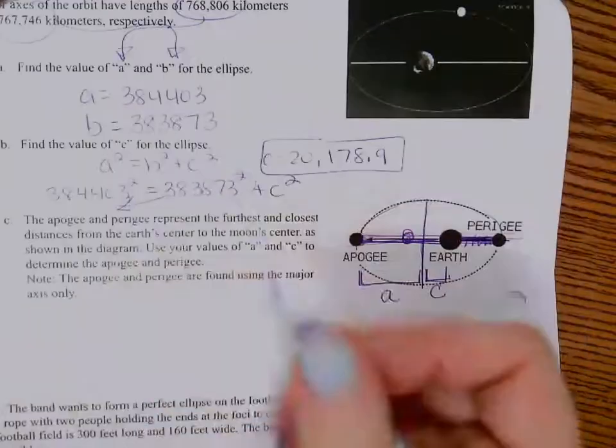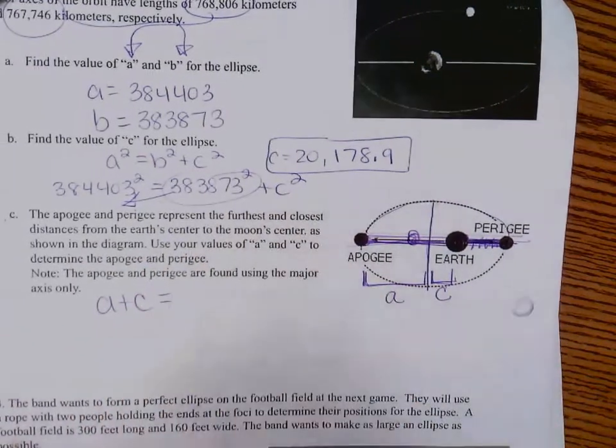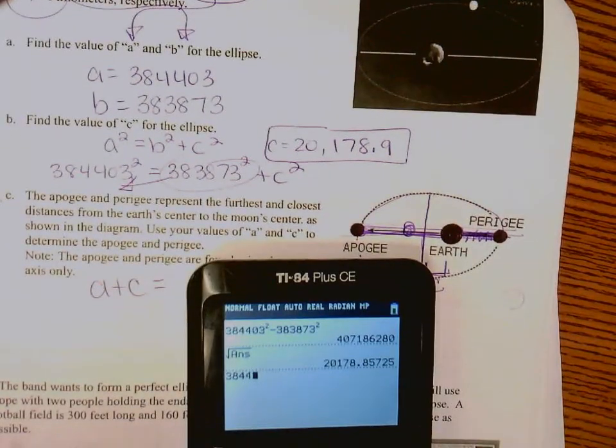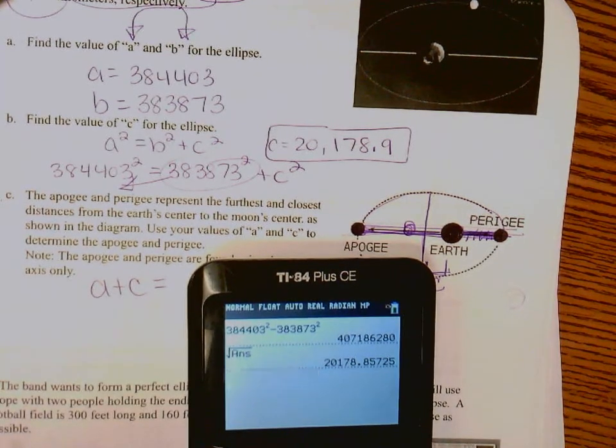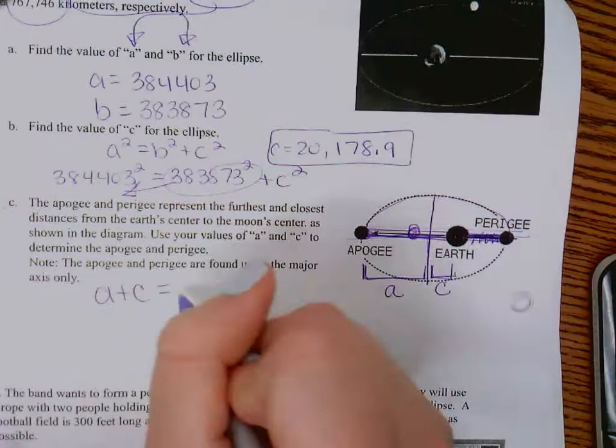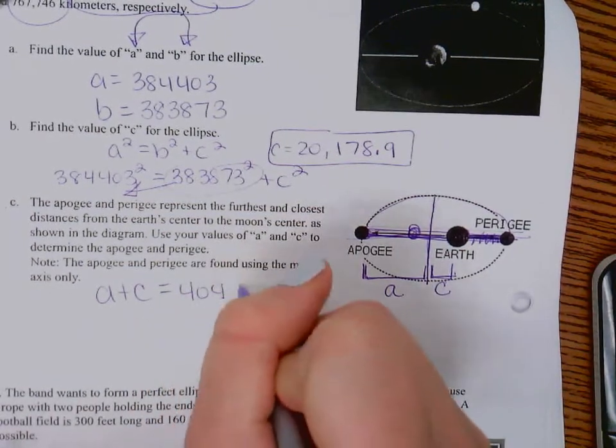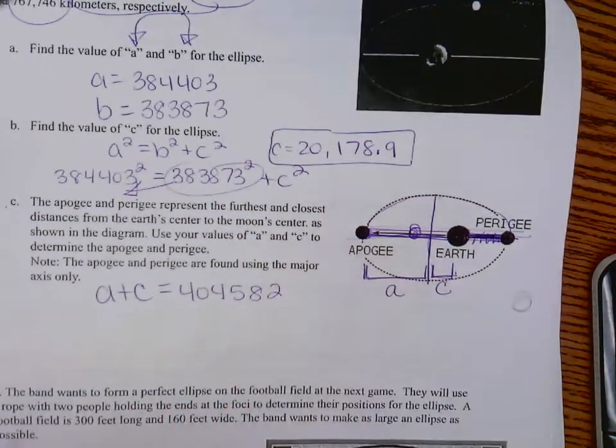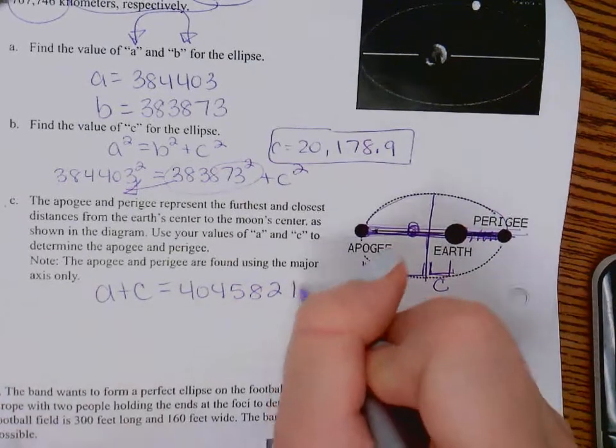So what is A plus C? 384,403 plus 20,178.9. So 404,582, rounding instead of 581.9.